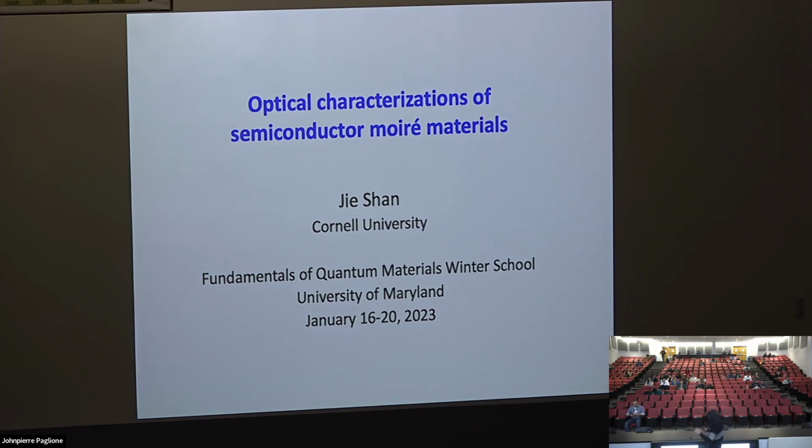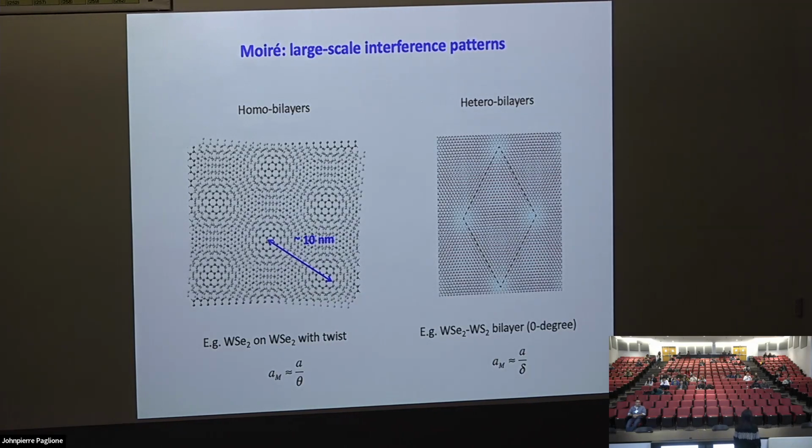So as I said, I'm going to talk a little bit about some basics of optical characterization of this class of materials. And I'm sure you have seen this already. Just the definition of moire materials, it's large scale interference patterns. And we can put two same materials together with some twist, or two different materials with slight difference in terms of lattice constant.